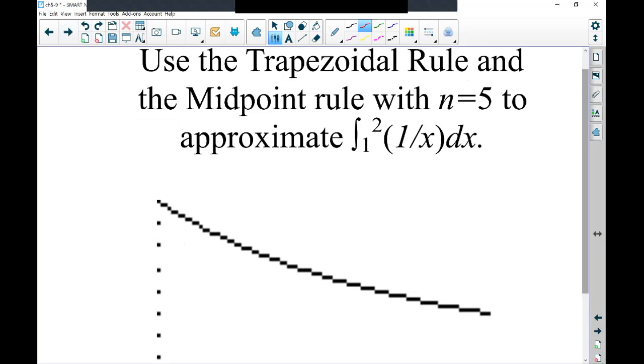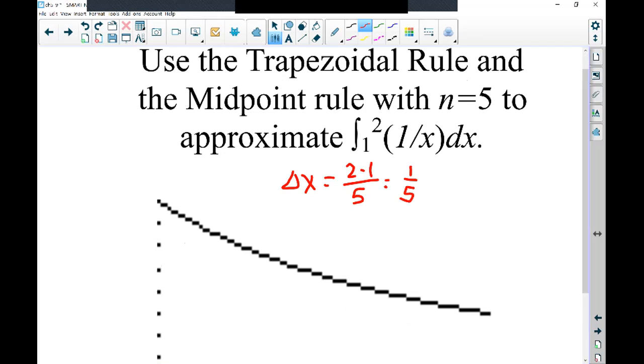So if I calculate my delta x, lower limit minus upper limit divided by n, my delta x would be 1/5.